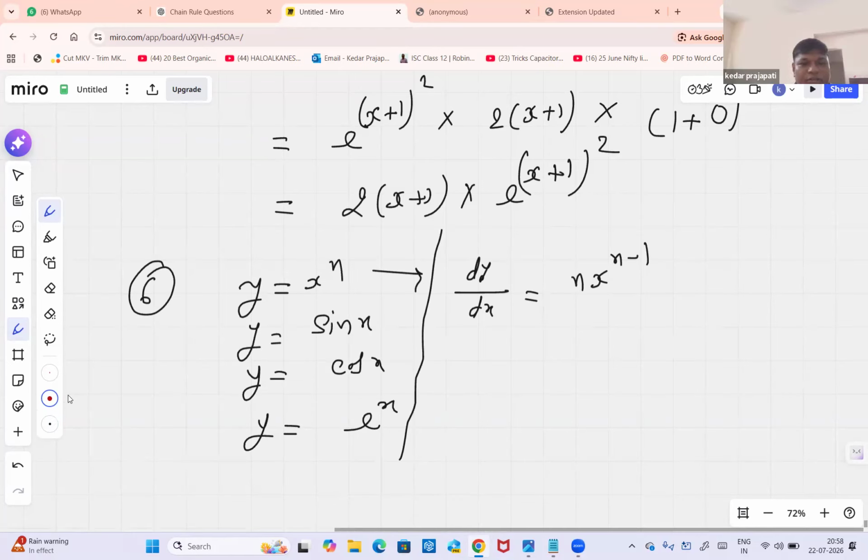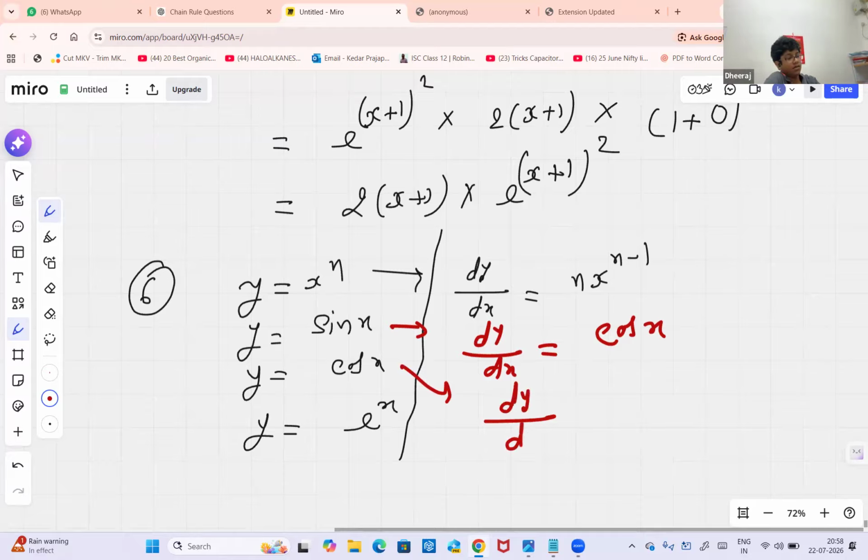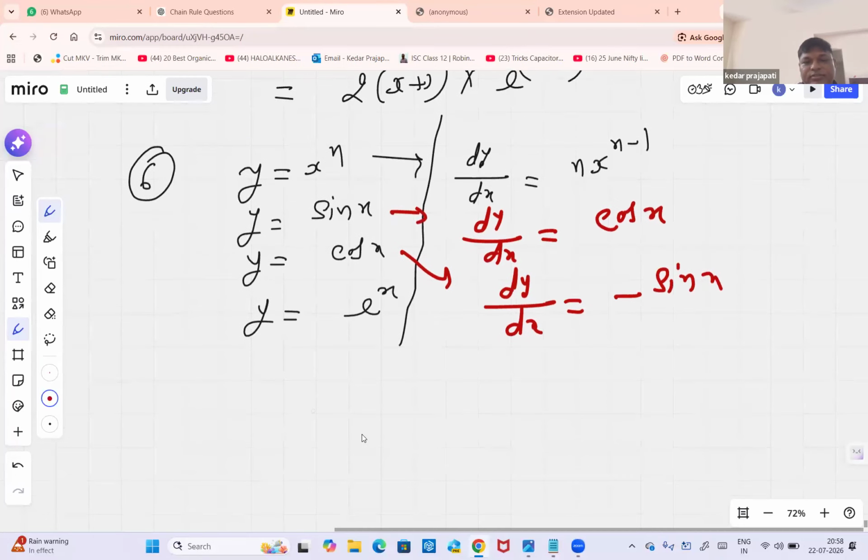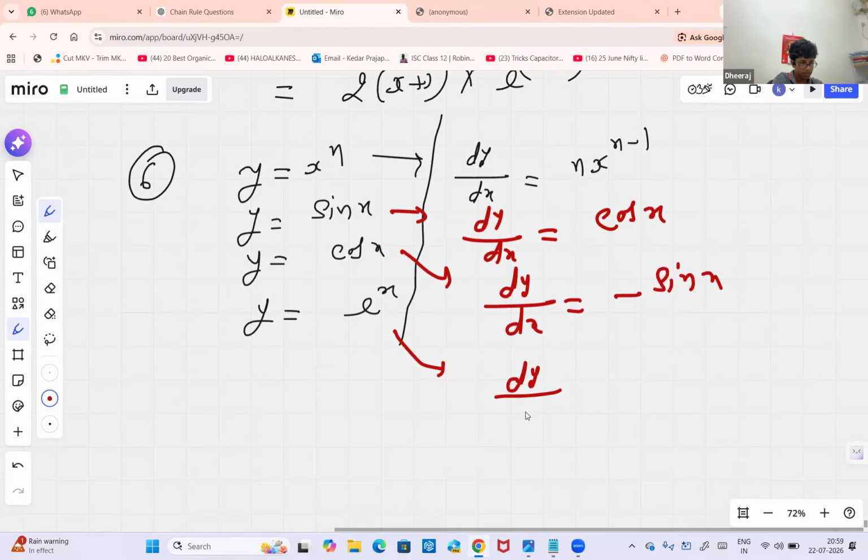So in between, I will revise so that you remember. dy by dx of sin x is cos x. And dy by dx of cos x is minus sin x. dy by dx of e^x is e^x.